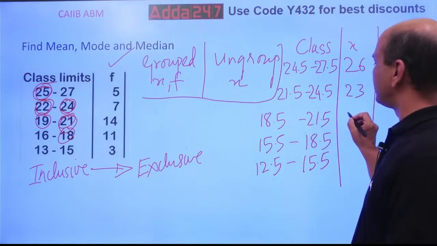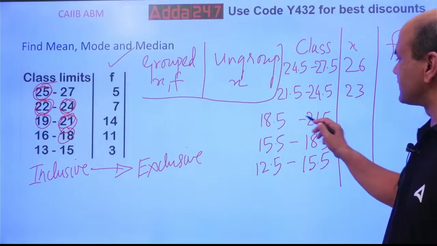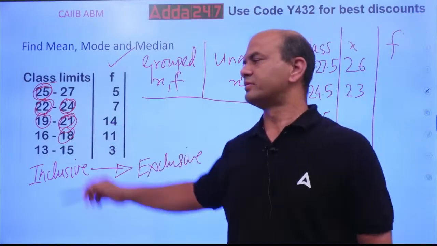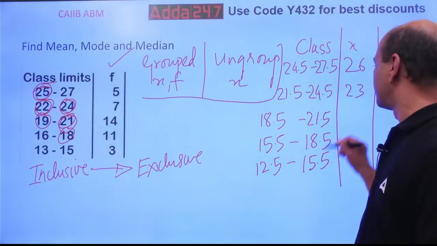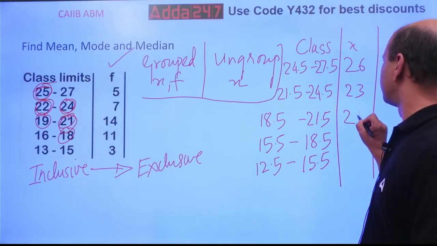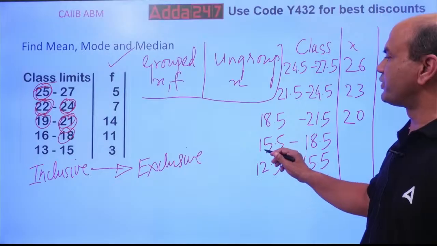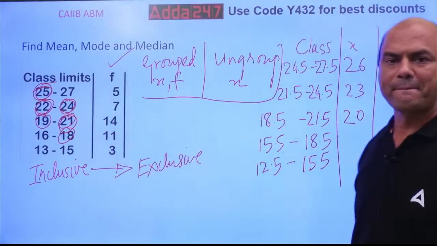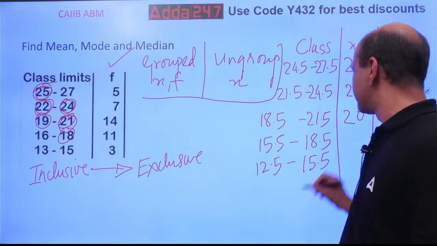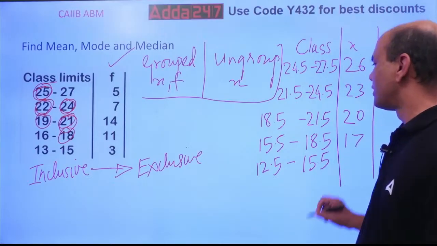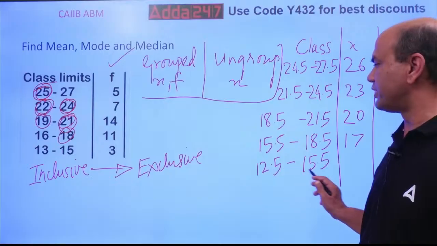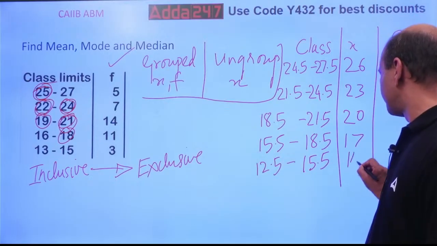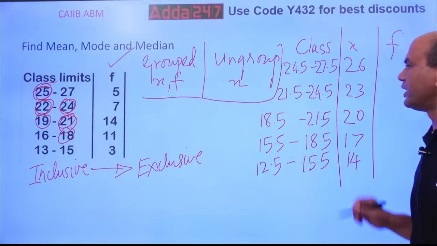Here you give me now. What will be the class mark for 18.5 and 21.5? It is 20. Next, what is the class mark for 15.5 and 18.5? 17. What is the class mark for 12.5 and 15.5? 14. Now F is given.